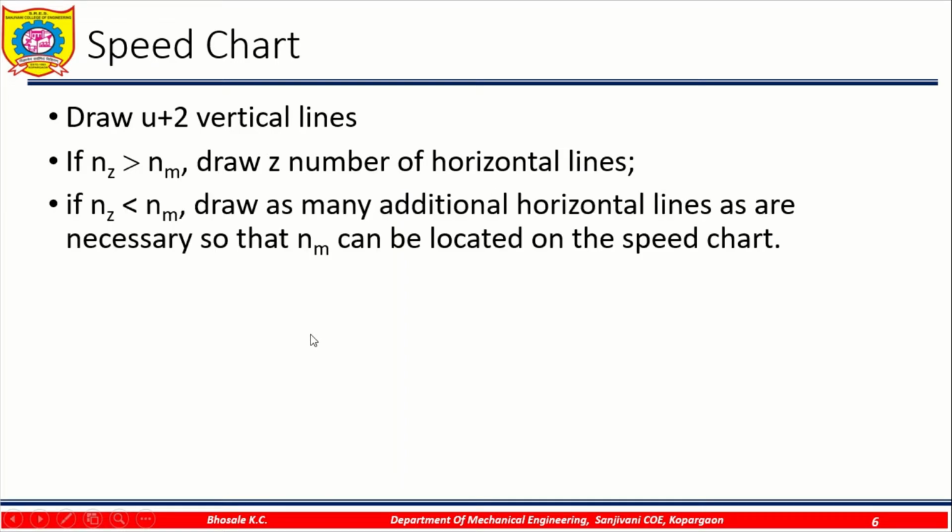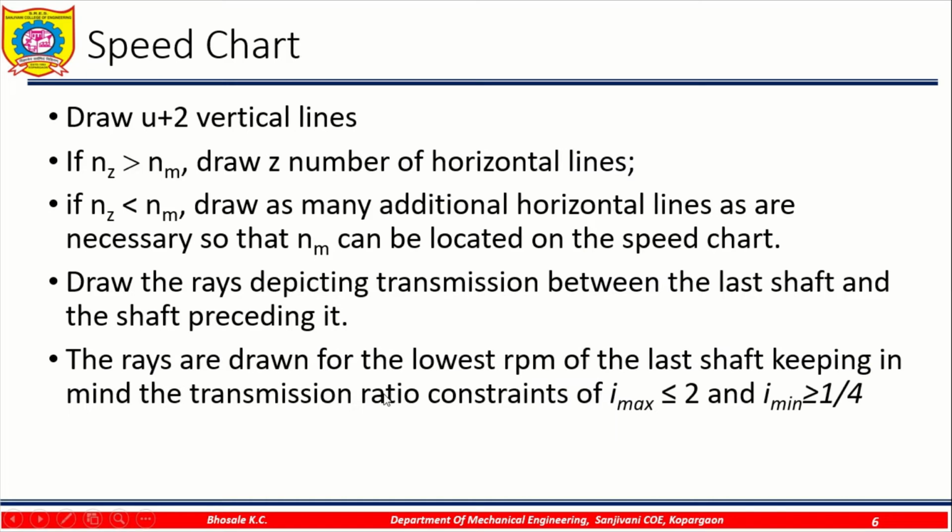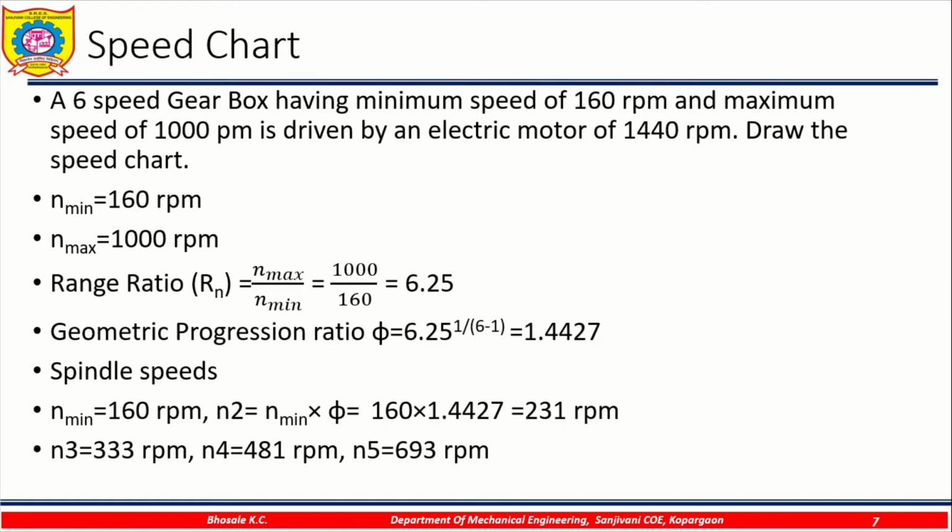If Nz is less than the speed of the motor, then draw as many horizontal lines as possible, so that the speed of the motor can be located on the speed chart. Draw the rays depicting transmission between the last shaft and the shaft preceding it. The rays are drawn for the lowest RPM of the shaft, keeping in mind the transmission ratio constraint: i max should be less than or equal to 2 and greater than 1 by 4.